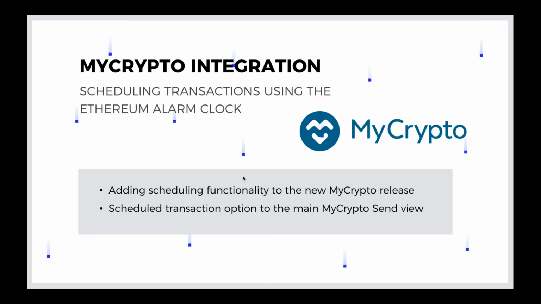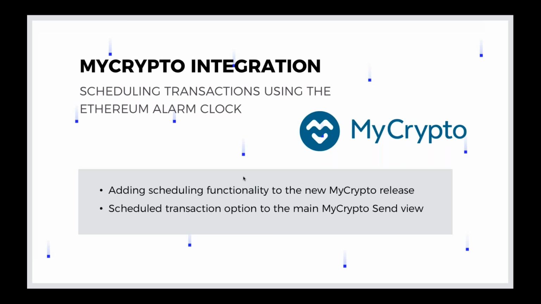So basically, we've been working with MyCrypto to add scheduling functionality. Well, what does that mean? It means that people using the MyCrypto wallet, which is one of the largest wallets currently in the Ethereum space, would be able to schedule transactions for the future.